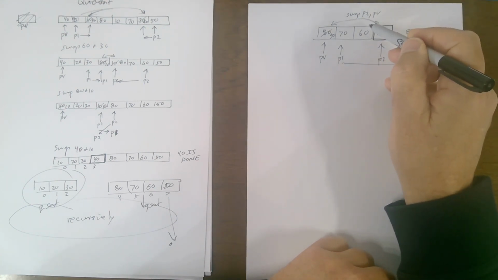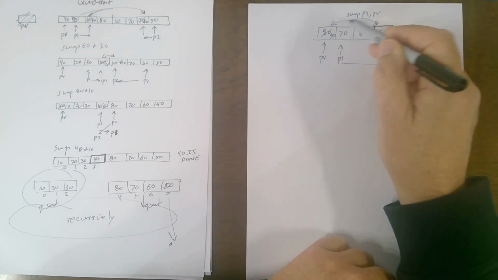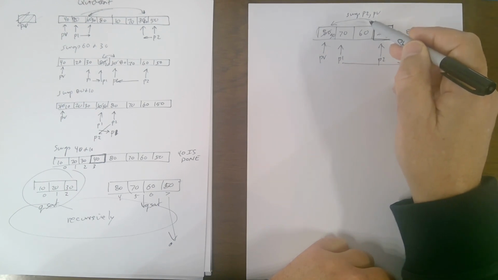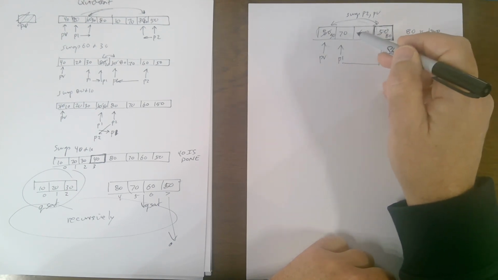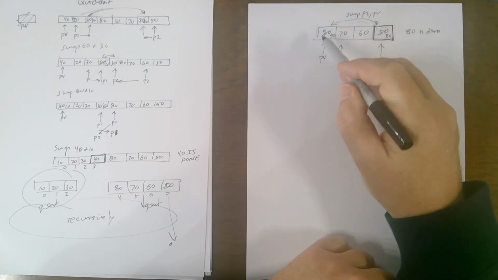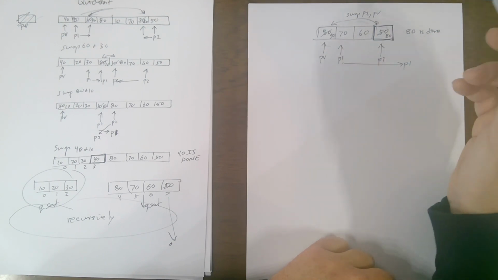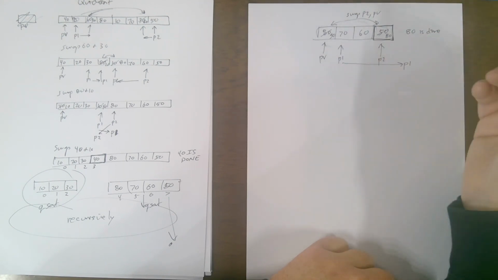So then we can call quicksort on this guy, with a subarray on either side.